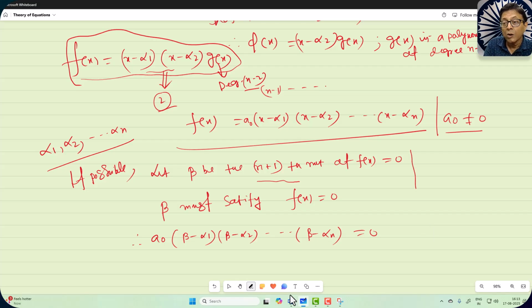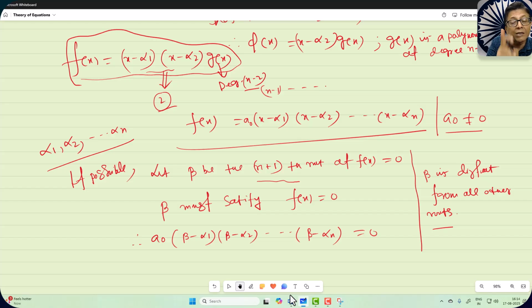But here all these roots you have taken will be different from beta, or beta is different from all other roots, isn't it? Because you have considered that the n plus 1th is a root, so it will not belong to this category of n roots, alpha 1, alpha 2, alpha n.